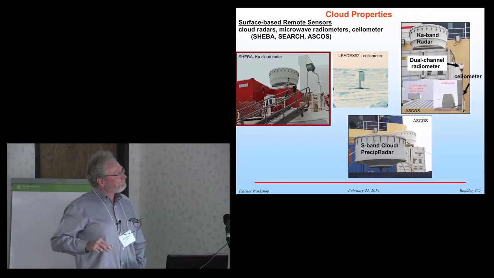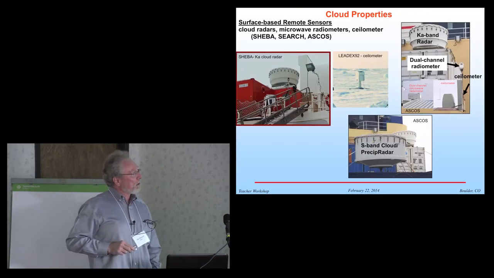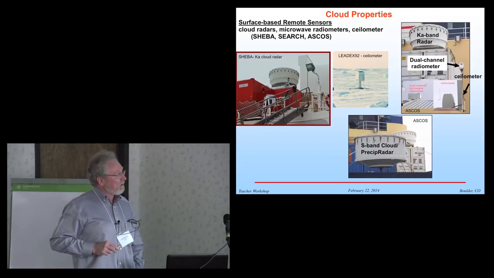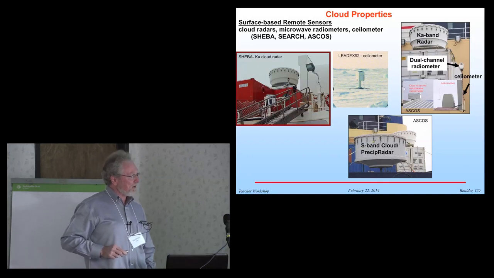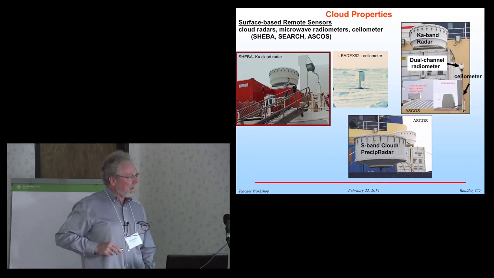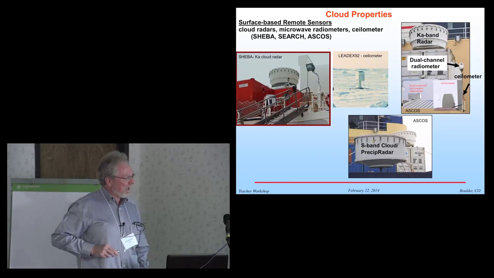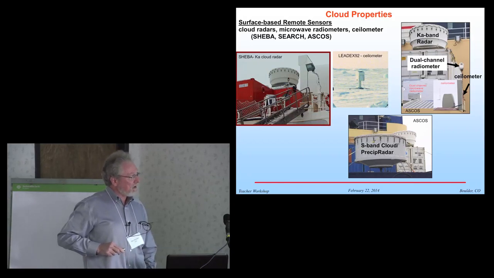And then to look at the clouds, we use radars, microwave radiometers and ceilometers, for instance. Typically they end up being on icebreakers or ships, because they're big instruments. So these are the cloud radars.